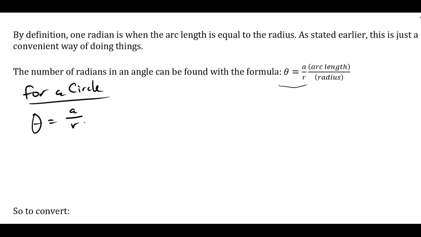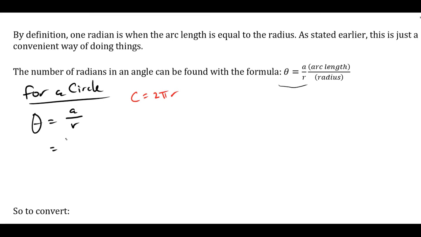What is the arc length of an entire circle? That's its circumference. Who knows the formula for circumference of a circle? It's like the perimeter, the length of the outside of a circle. 2 pi r. 2 pi times the radius, right?